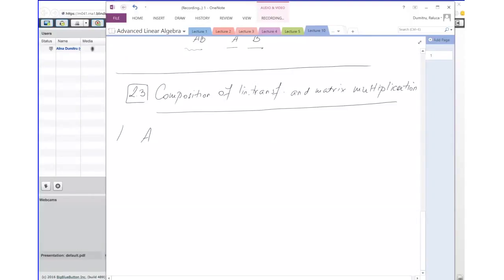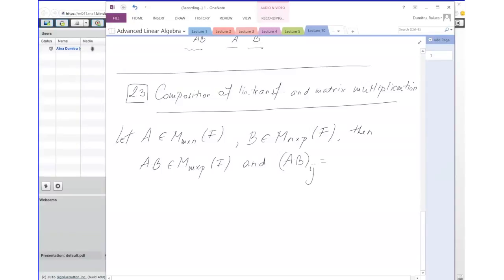If we have two matrices, let's say A is M by N and B is N by P, then A times B is M by P. And there is a nice way to compute the ij entry of the product of two matrices.